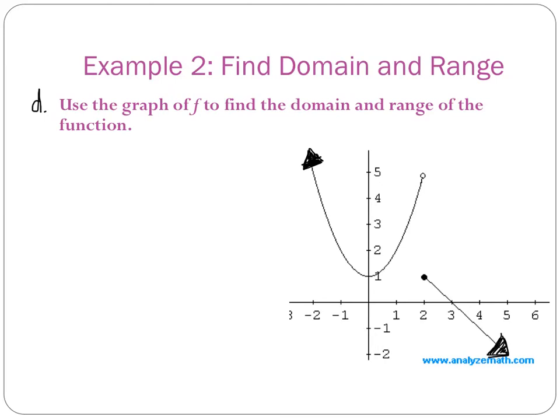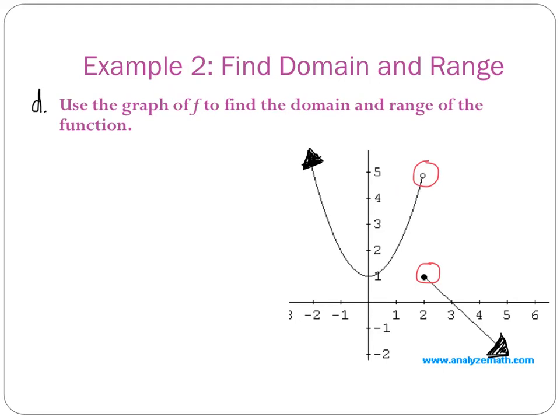Now, because there are two different pieces of this graph, there's a break in our graph. We haven't talked about the different types of discontinuity in a graph, but this function happens to have what's called a jump discontinuity, because at x equals 2, we have this part right here, which is not included because of the open hole.